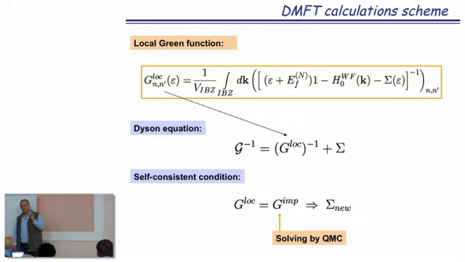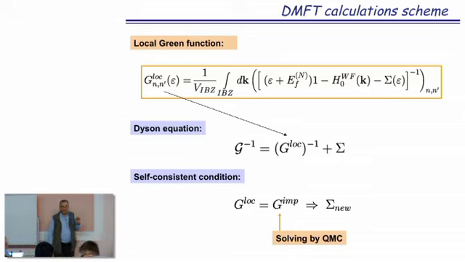So we have a self-consistent mean field, but dynamic. That means that we have a much simpler problem to solve than before: an interacting, correlated impurity, not a crystal, not a lattice. It's much simpler, but still it's a pretty expensive story.